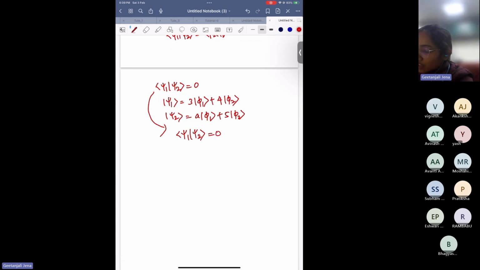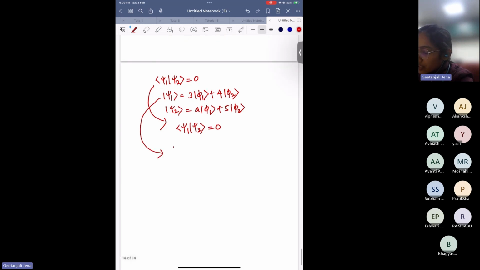Now to find out the bra of this vector, you can just take the complex conjugate. So the bra of psi1 is the complex conjugation of this ket vector. Now you are saying that all these constants are real, so it will be 3.